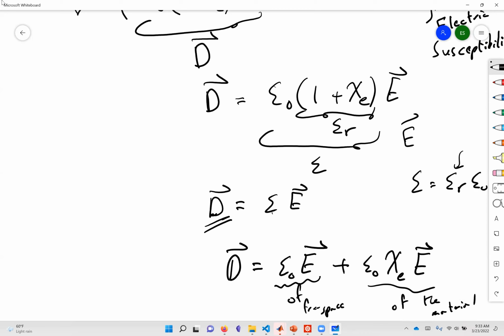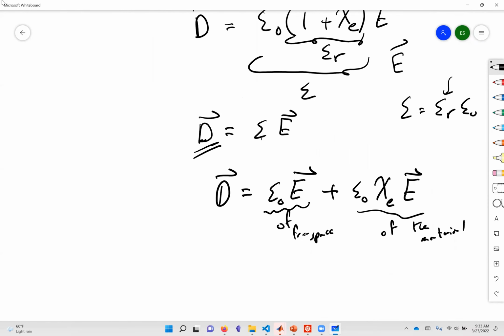This is the model that you have to be thinking of when you're thinking of dielectric materials. This is what everything here means, and it all lumps back down to a single number that we can use to model dielectric materials, and that single number is epsilon.